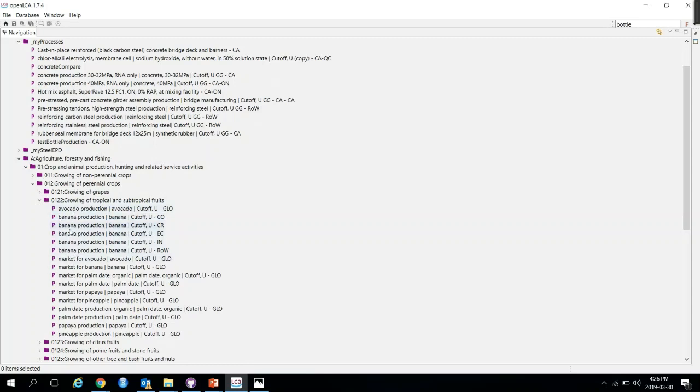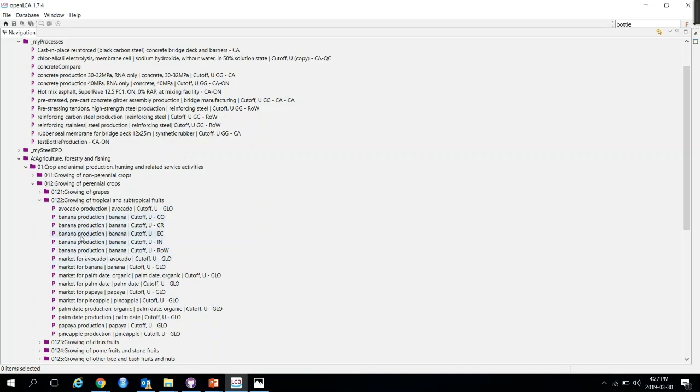So you can see we have avocado, banana production, and then you have market for avocado, right? Market for palm date, market for papaya. And so these are consumption mixes of transforming processes, and these can be considered transforming processes.